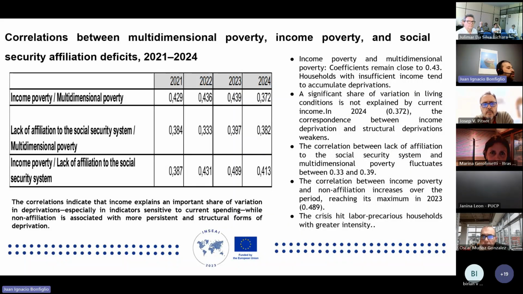The correlation between multidimensional poverty and affiliation to the social security system shows a different pattern. Although consistently lower than income poverty, it remains stable and robust throughout the period. Overall, the evidence suggests that both monetary and non-monetary deprivations are strongly correlated with multidimensional poverty, but with different intensities.